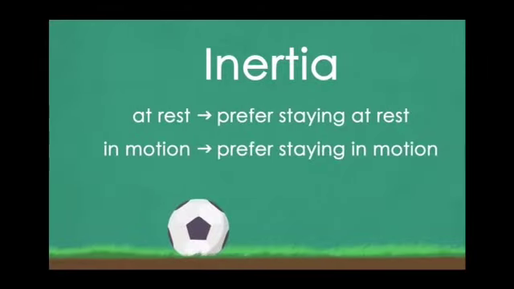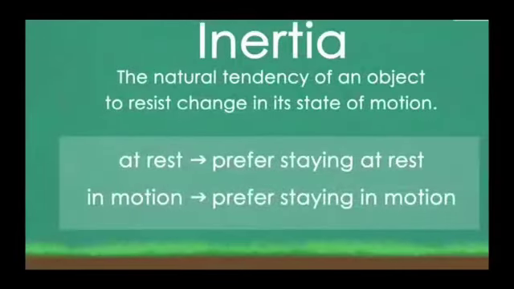If the object is at rest, it prefers staying at rest. If it is moving at a constant velocity, then it prefers staying in motion. This tendency of an object is called inertia. It's the natural tendency of an object to resist change in its state of motion.